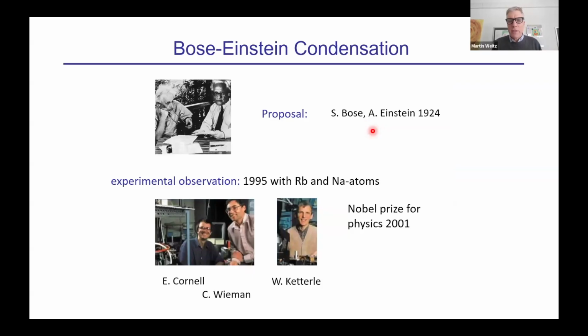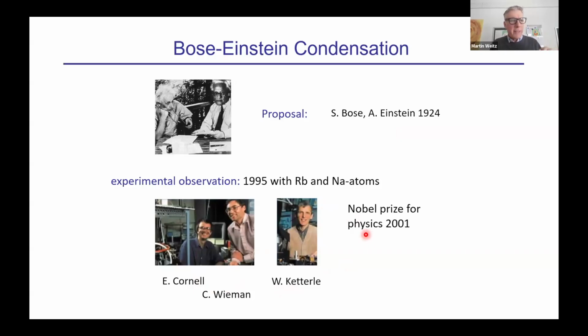Bose-Einstein condensation was proposed by Einstein, building on preliminary work on the quantum statistics of integer spin particles by Bose in 1924. It was experimentally realized in 1995 with dilute rubidium and sodium atoms by these three gentlemen, Cornell, Wieman, and Ketterle, for which they were awarded the Nobel Prize in Physics in 2001.